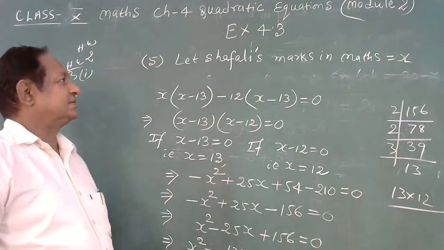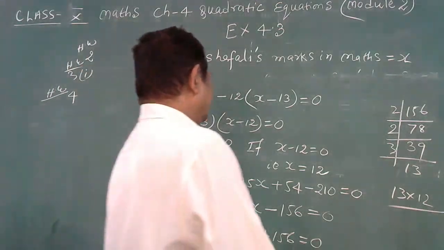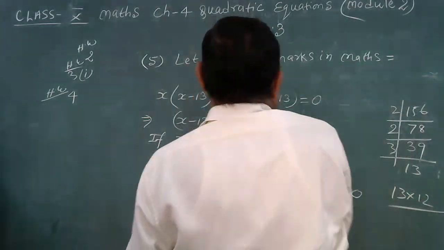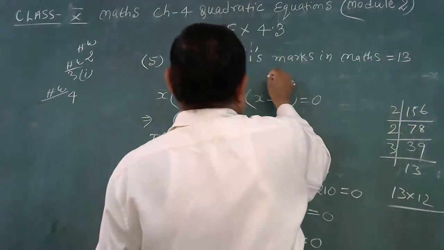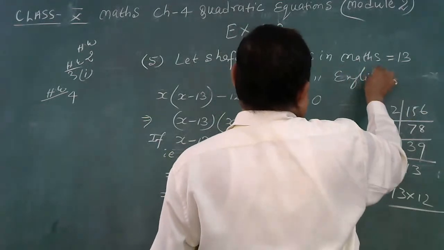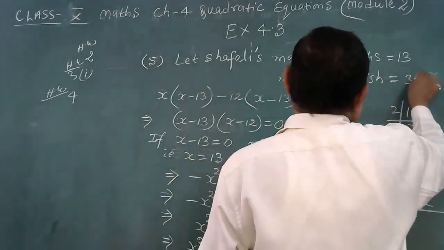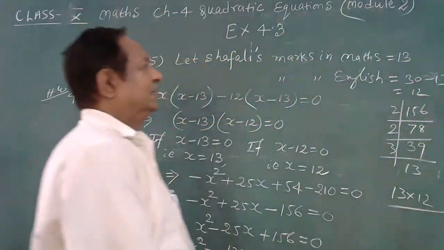So the marks in maths is 13, then their marks in English is 25 minus 13, that is 12.